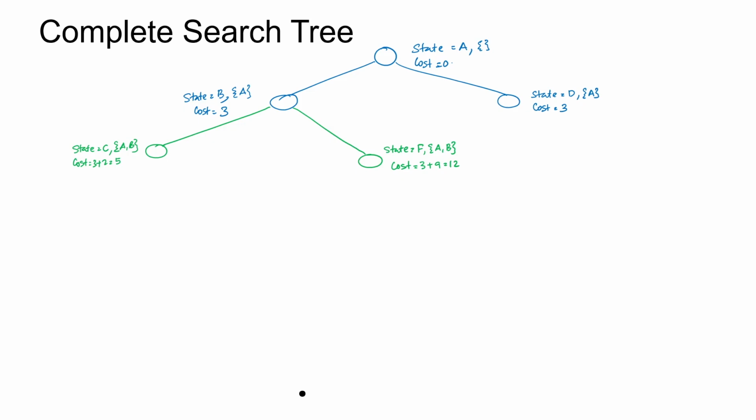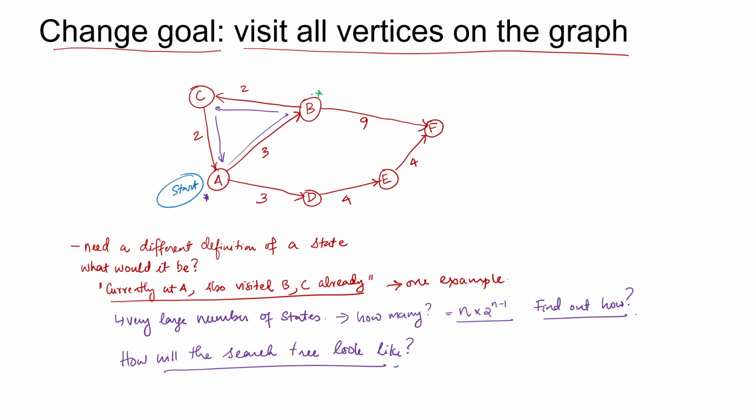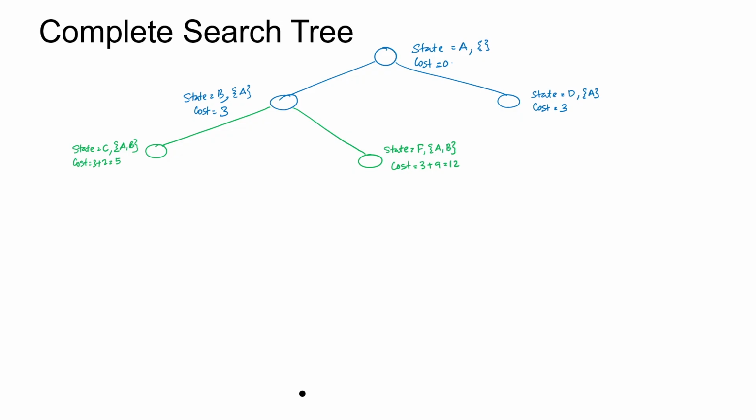So, now if you go back, you can see that at B you can either go to C, it is this way, or you can go to F, right. Now, if you look at C, then the only option in front of you is go to A, right, whereas in the case of F you do not have any place else to go. So, that means in F you cannot go beyond this, there is nothing. Okay. And below B you have what you call as, you can visit A again.